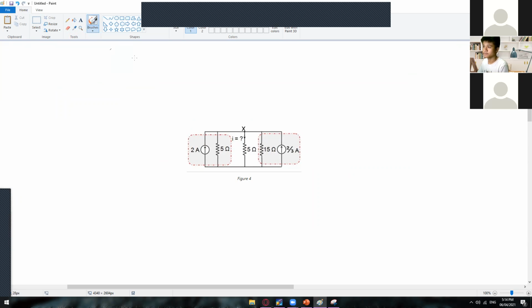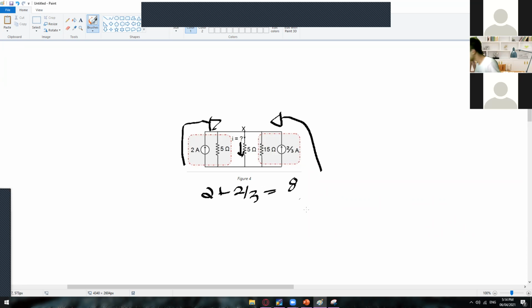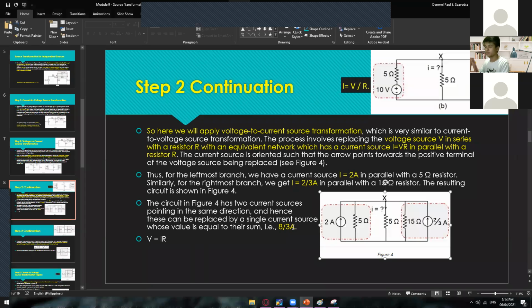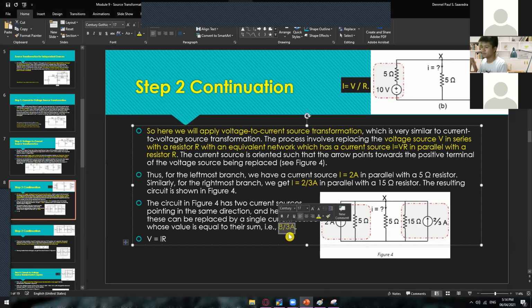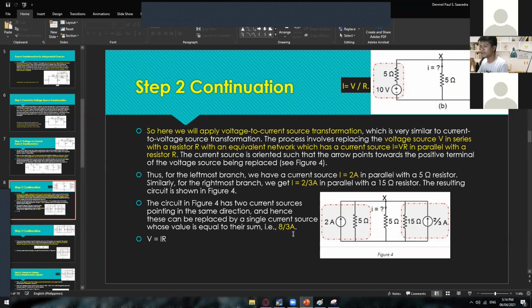Since we already have two current sources in here, 2 amps and 2/3 amps, they will meet on node X. They have the same flow of current, so they will add with each other. So 2 amps plus 2/3 is equal to 8/3. Are we correct? Which is 8/3 ampere. So there you go.